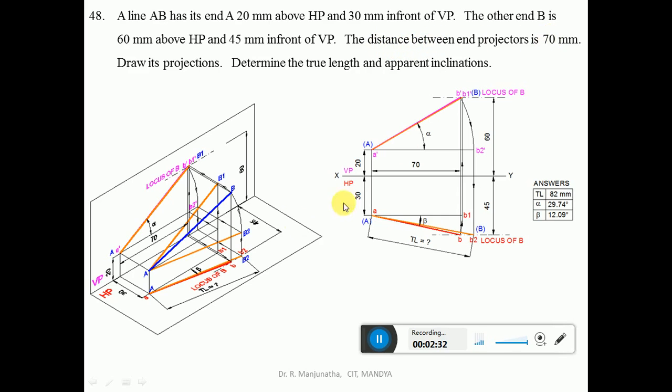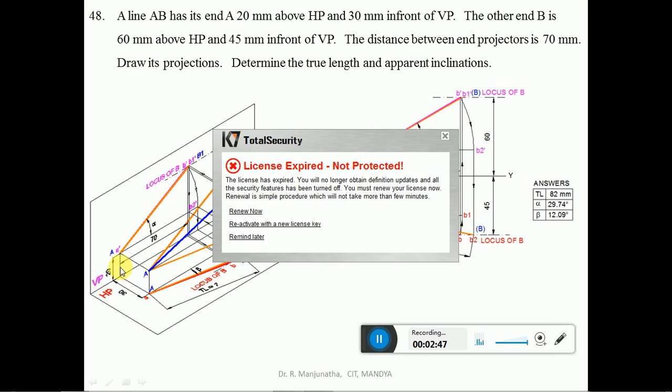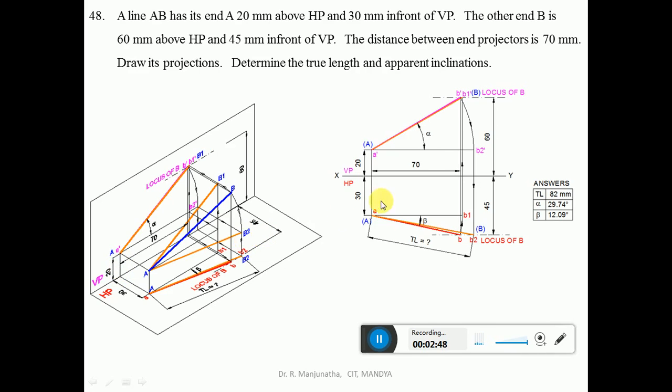So we have a projector A, from A dash, from here to here. This is the distance of the projector A, which will be 20 mm above HP, and from here he says the distance is 70 mm, the projector of B. When you look from the front view, the end projector of the point B lies on the vertical plane.